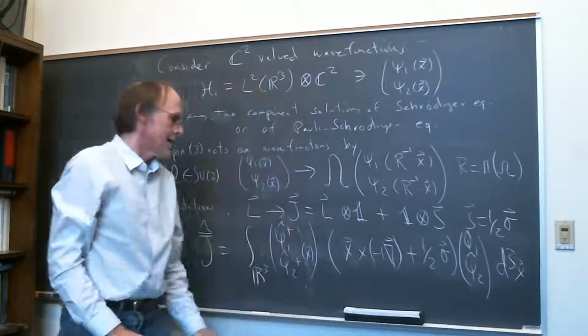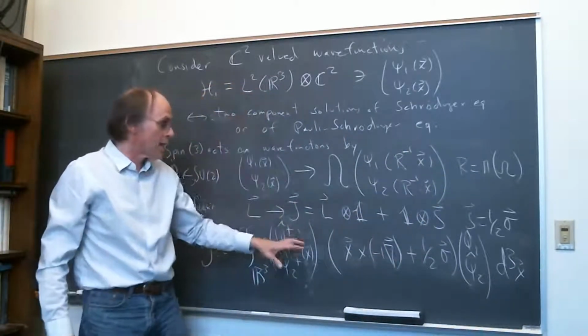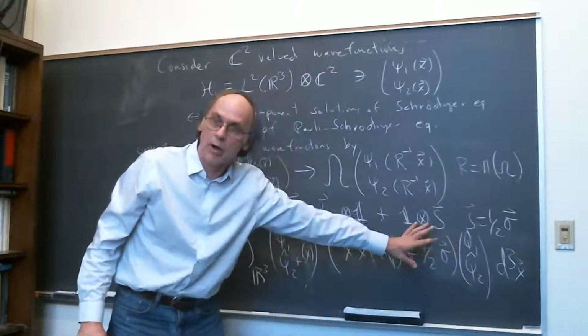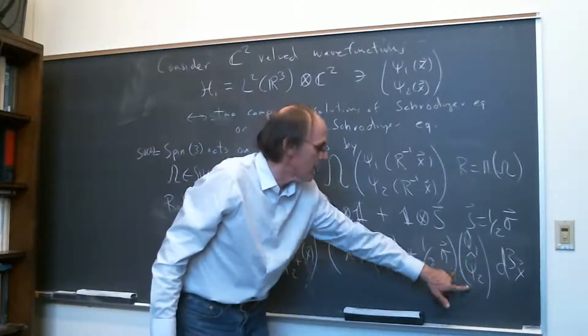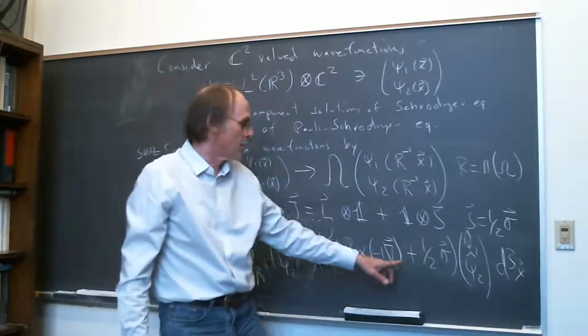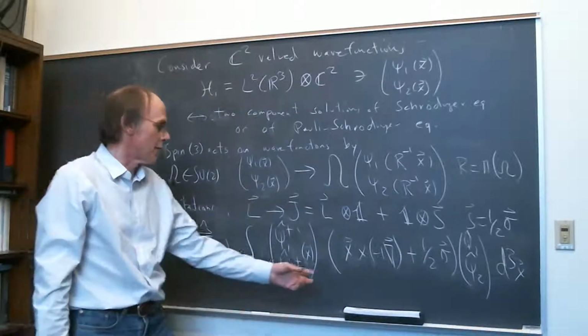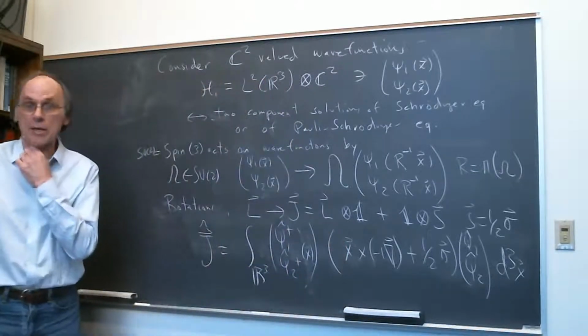I'm just trying to write down the same formula that you would have, just two copies. This is just 2 copies of what you had before, but then there's this extra term here which can mix psi 1 and psi 2. But this is just your orbital angular momentum, and this is your spin angular momentum.